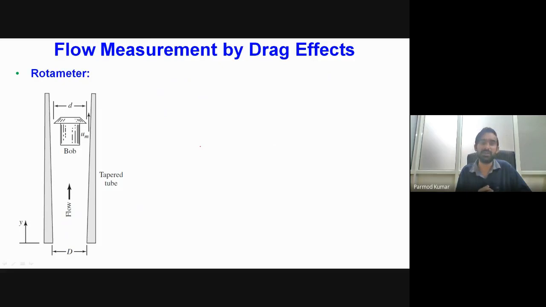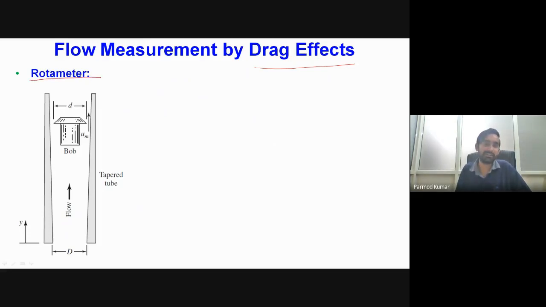Rather, we will use other concepts, particularly the measurement of flow because of the drag effects. The very fundamental device used for obtaining the flow rate using this principle of drag is known as a rotameter.